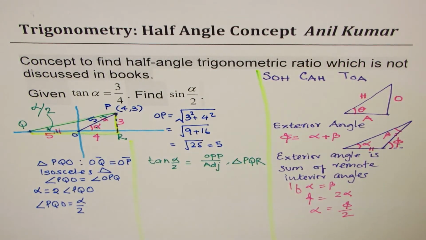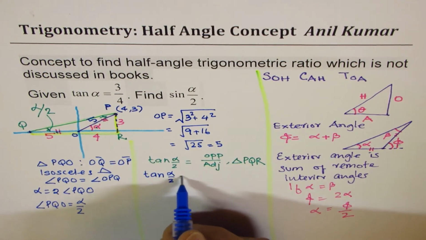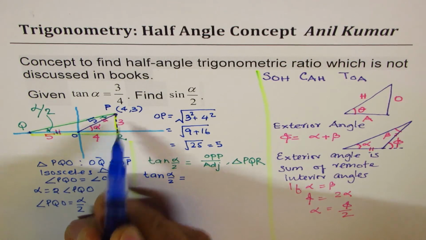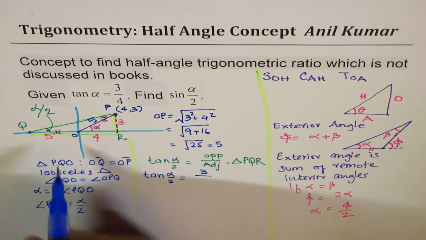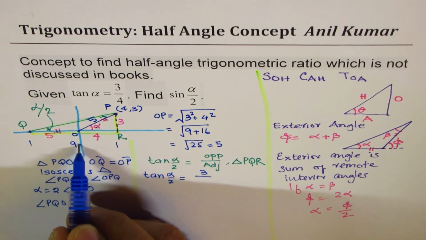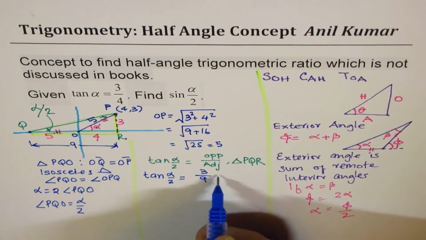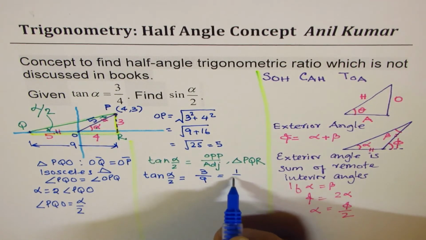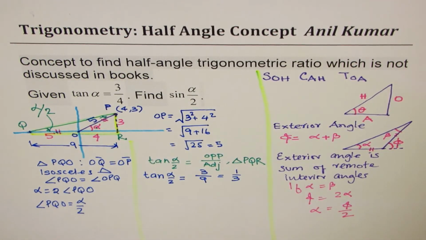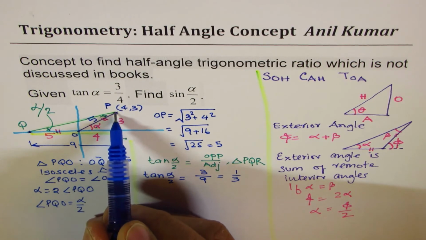In this particular triangle, you can see that tan alpha by 2 is equal to, opposite side is 3 and adjacent is 5 plus 4, which is 9. So tan alpha by 2 is 1 over 3. Got it? Simple, right?